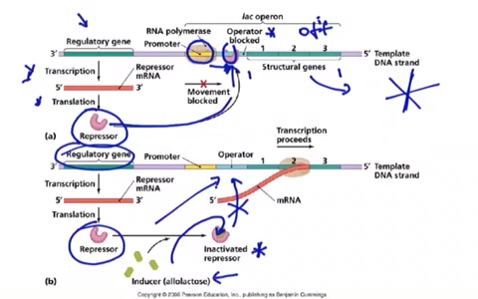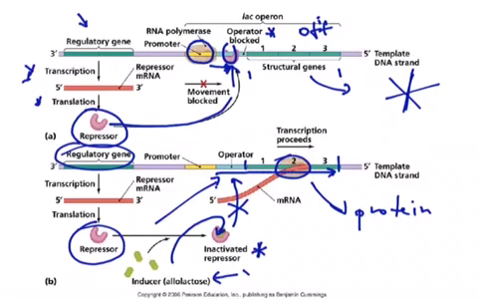So the repressor protein cannot bind to the operator. That means that RNA polymerase can continue its way down the DNA, and it can then transcribe the structural gene here into whatever the appropriate enzyme or protein it happens to code for.